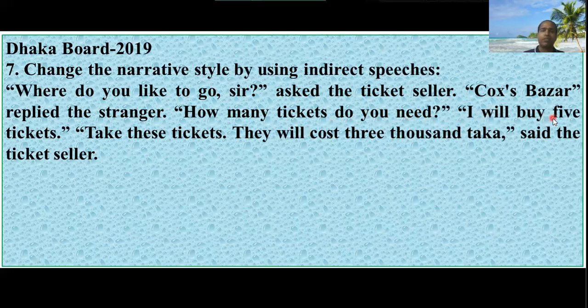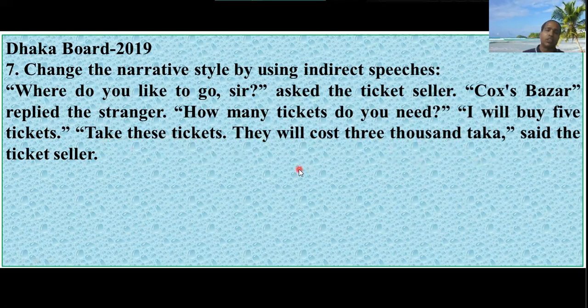I will buy 5 tickets. আমি 5টি টিকিট কিনবো। Take these tickets. এই টিকিটগুলো নিন। They will cost 3000 taka, said the ticket seller.